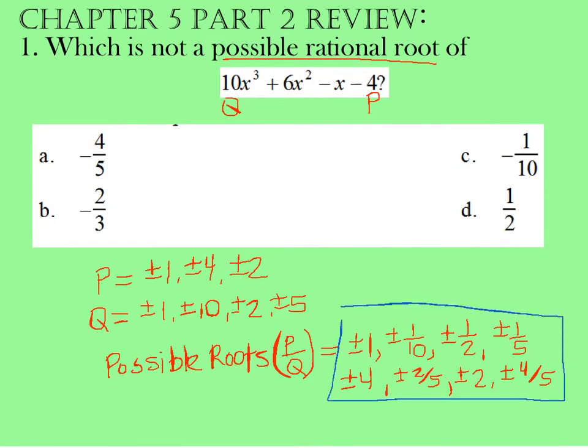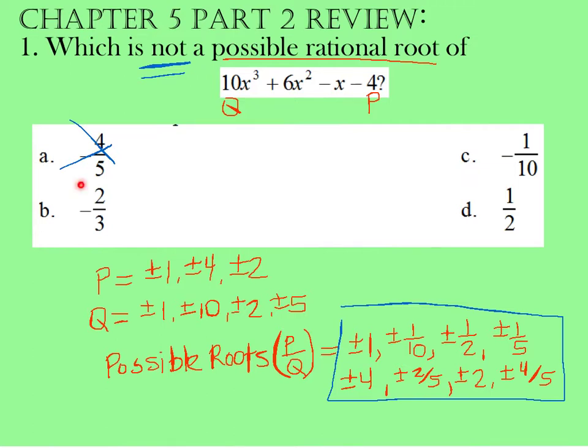Now our problem asks us which is not a possible root. So we just need to look up above and see which of these numbers is not in our blue box below. So negative 4/5. Come down here, is negative 4/5 in our box? Yeah, it's right here. So this one's out. Negative 2/3.